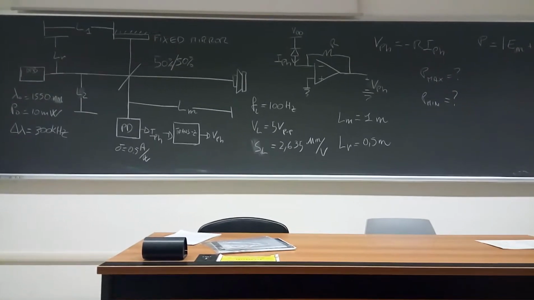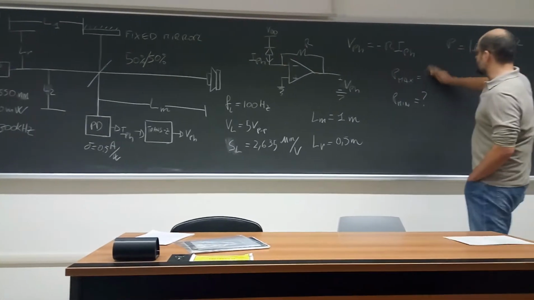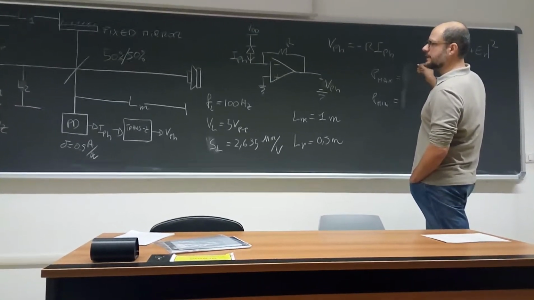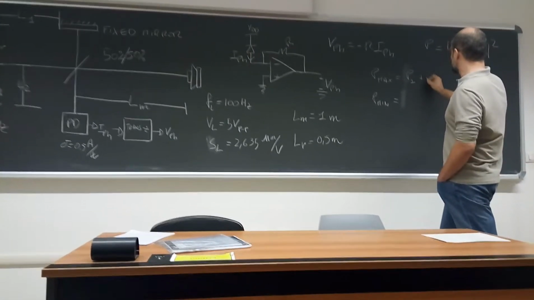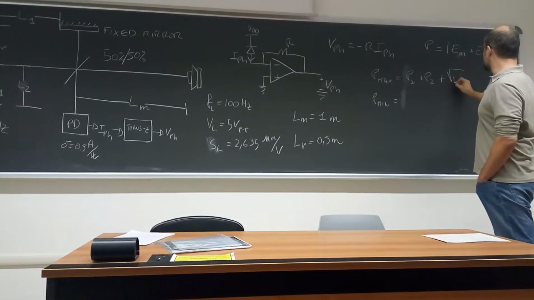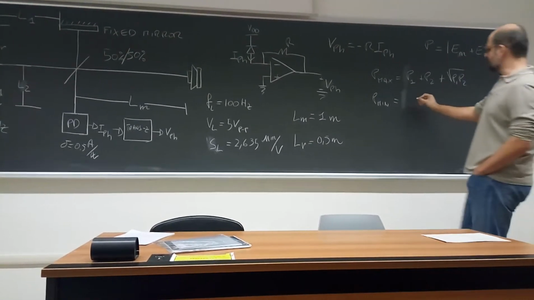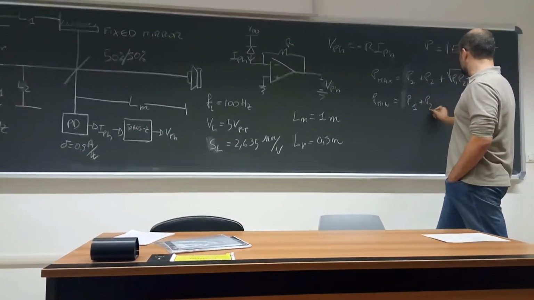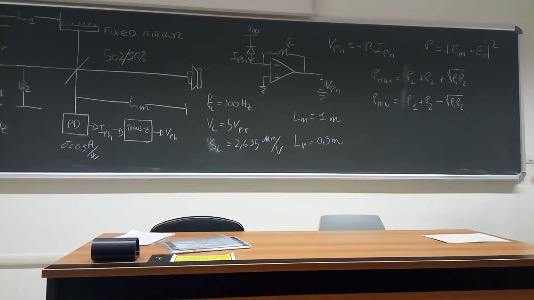So what does it mean? If you recall our first lecture about interferometry, the maximum power is given by P1 plus P2 plus the square root of the product of the two. Then the lowest possible value, or the minimum one, is given again by P1 plus P2 minus that.